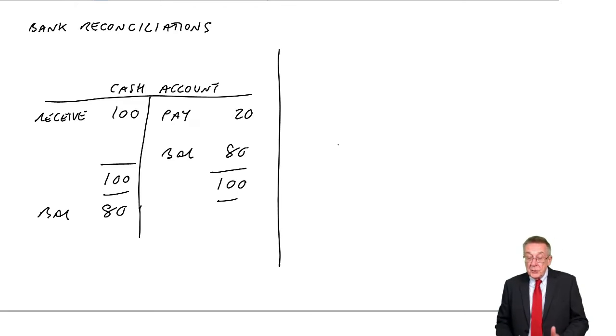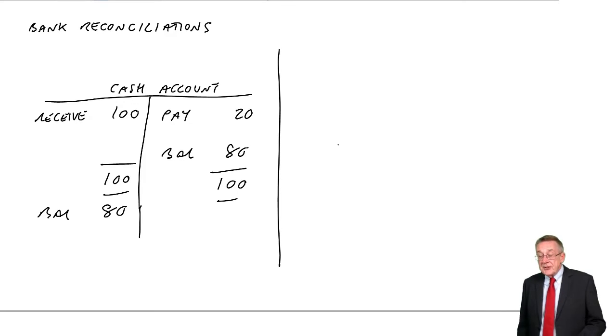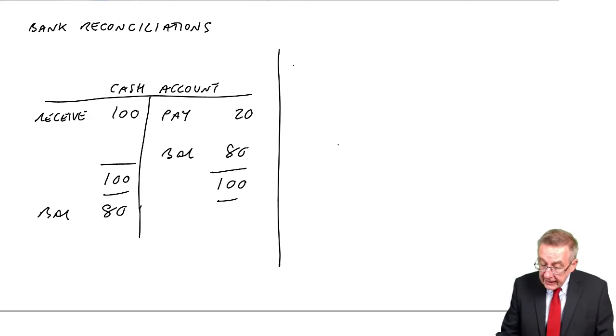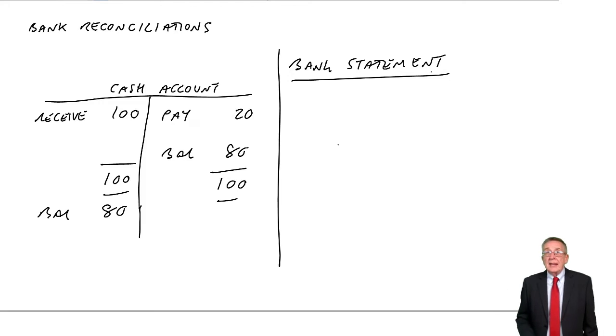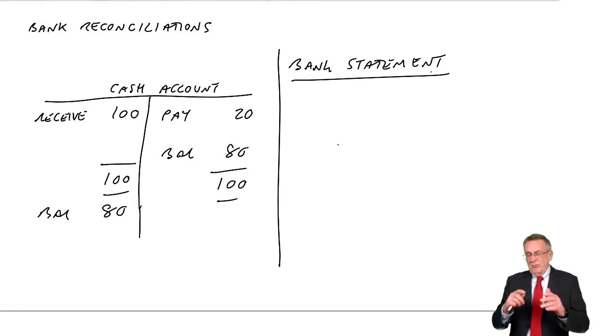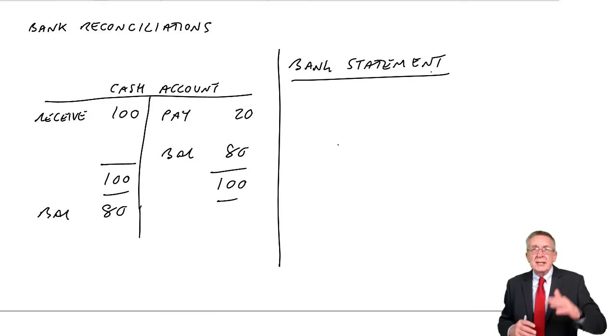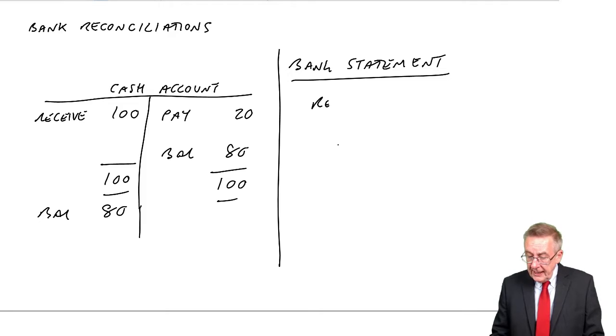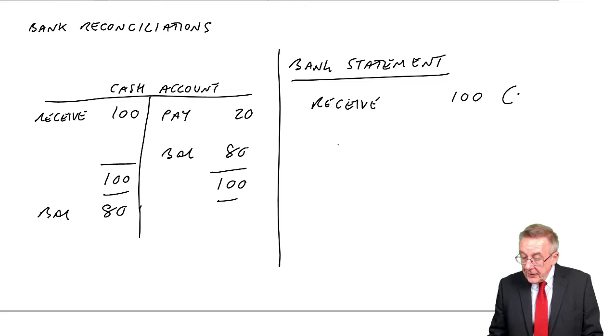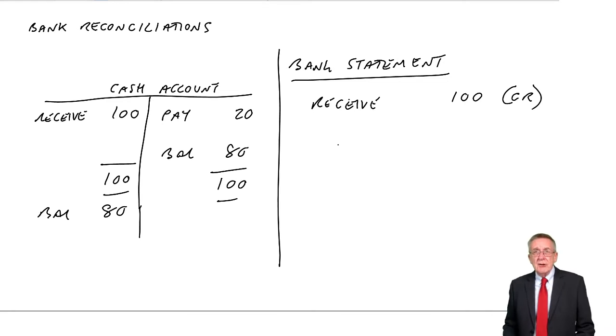However, although that's what we do and that's correct, debit cash when you receive, credit cash when you pay, the bank, when you look at a bank statement, they appear to do things wrongly. The bank tends to show it, different banks set it out slightly differently, but tend to show it as just one column. But they'll say receive 100, but they say they've credited your account.